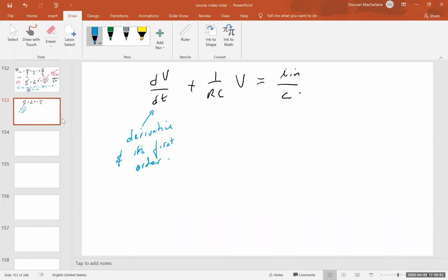This here is a constant, and it multiplies what v of t is. And here is the input or the forcing term. Okay? So those are some of the descriptions.